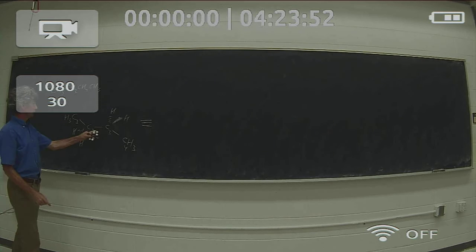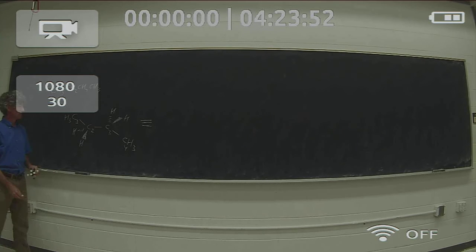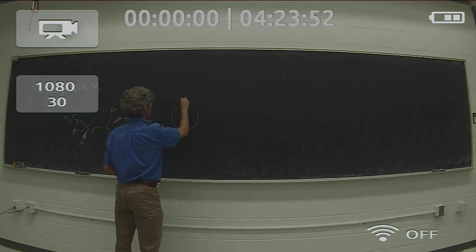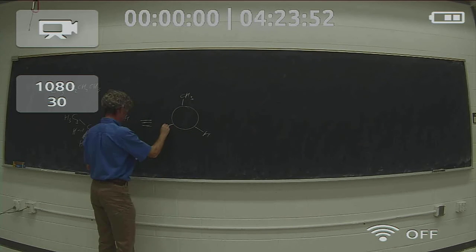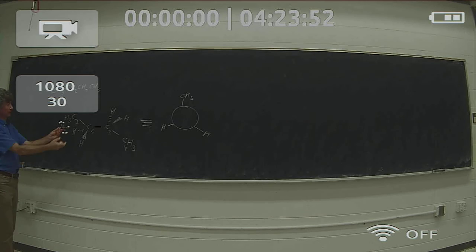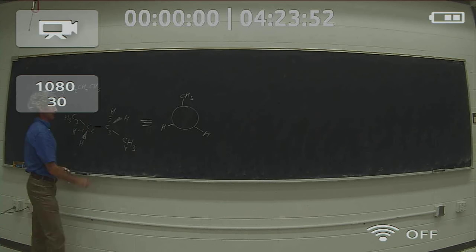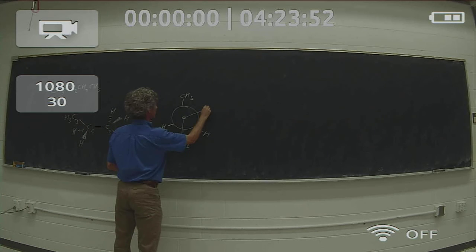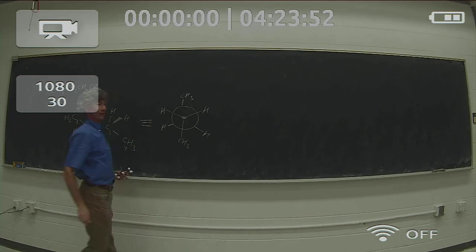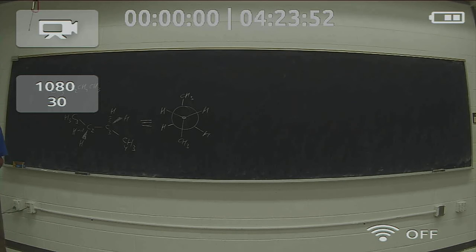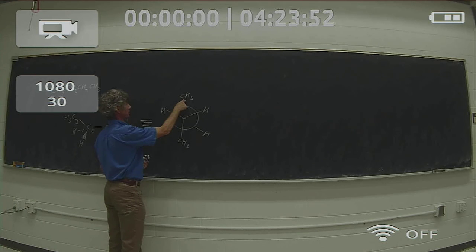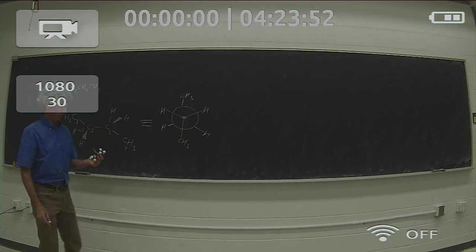So I'm going to look down the C2-C3 bond, and I'm going to choose to make C2 the back carbon so that I have the methyl group sticking up on the back carbon, and I'm going to have the methyl group sticking down on the front carbon, because I've been consistent with the other alkanes in having a group sticking vertically up off the back carbon, vertically down off the front carbon.